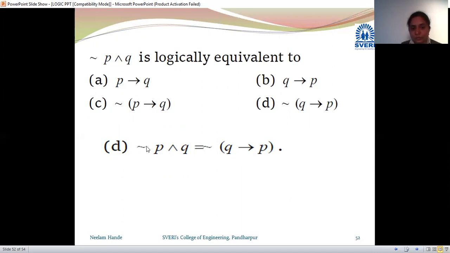Here negation is for P, so your P and Q roles are changed here. So it must be negation of Q implies P. So your correct answer will be this: negation of Q implies P. That is option number D.